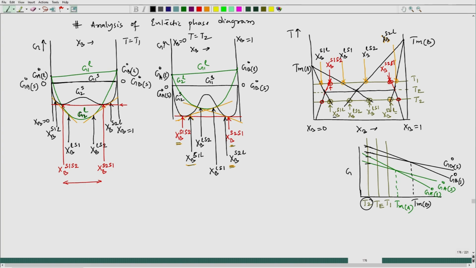Okay. Now, interestingly, I can actually have those metastable compositions existing on the phase diagram, but how do we differentiate between metastable compositions and stable compositions? That question we need to respond to, and that response comes when we put the metastable compositions in terms of a dotted line.